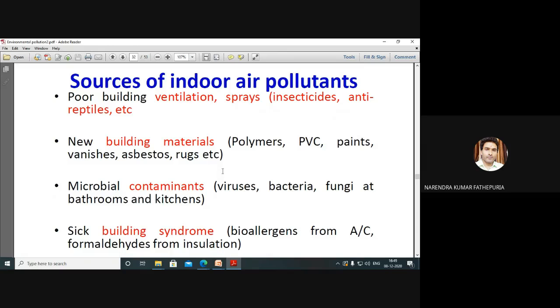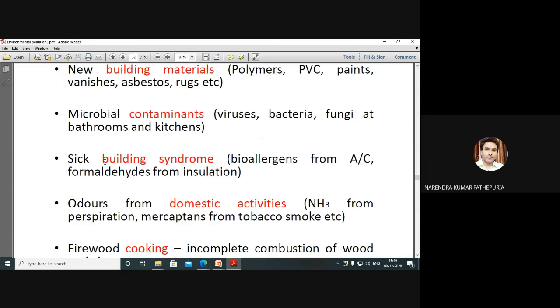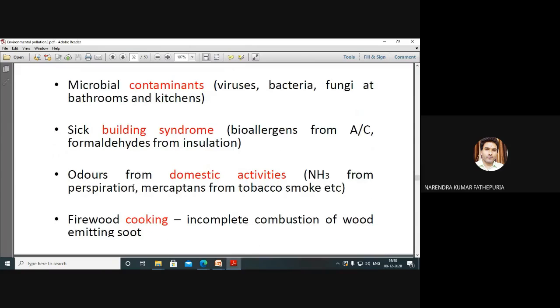So it is very important while selecting your building material, right? Microbial contaminants, various viruses, bacteria, fungi, will release from your bathrooms in wet areas. Sick building syndrome, bioallergens from the AC, and formaldehyde from the insulation. Odors from domestic activities, like those from perspiration, and mercaptan from tobacco smoke and all that.